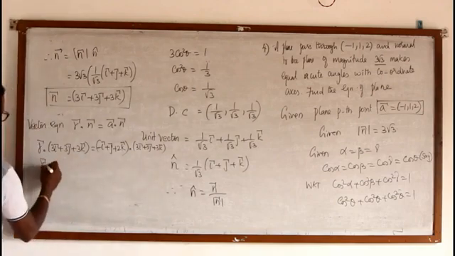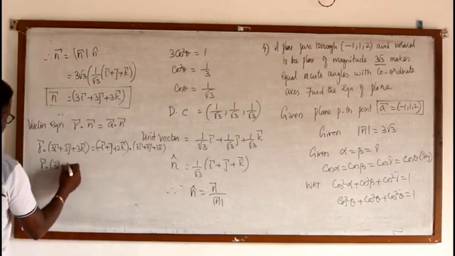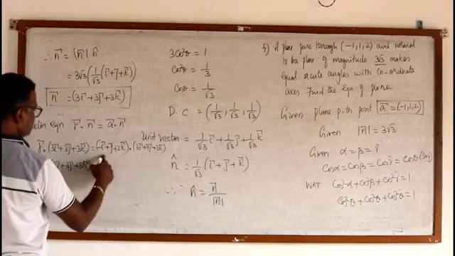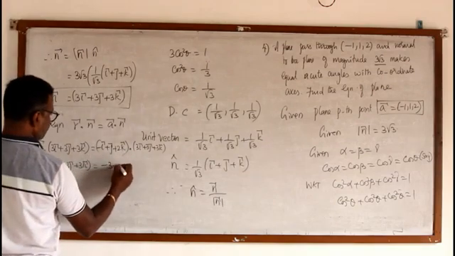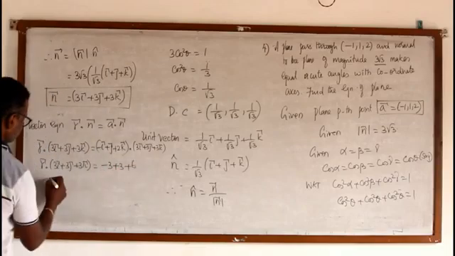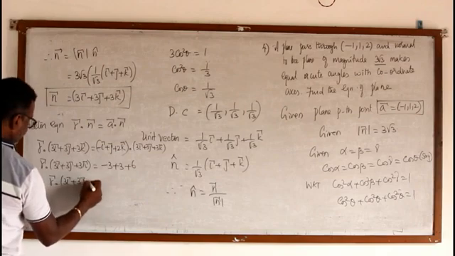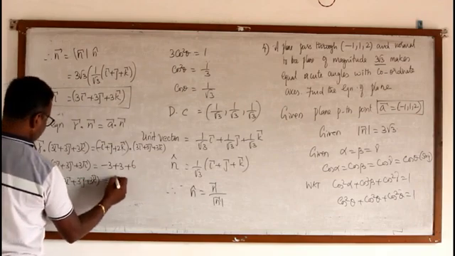That is r dot 3i plus 3j plus 3k equal to 3 ones, minus 3 plus 3 plus 6. So it is r dot 3i plus 3j plus 3k equal to 6.